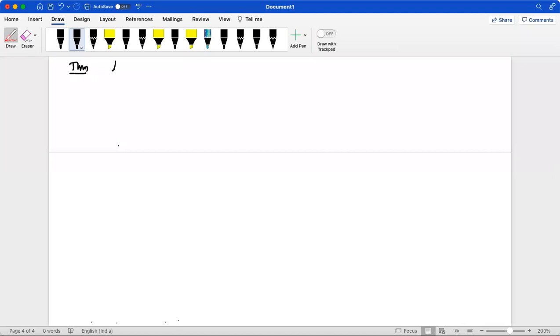So let Xn be a sequence of random variables, and X, such that Xn tends to X in law.